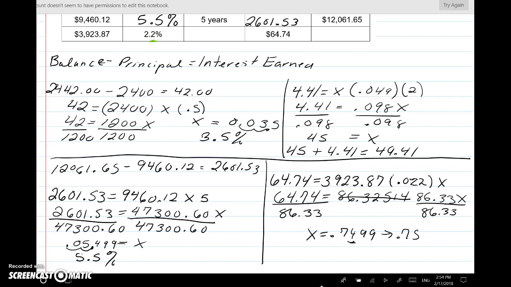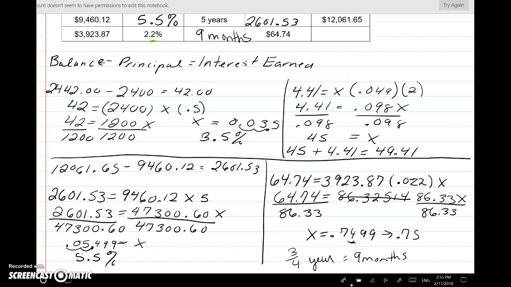Well, if you remember, 0.75 is actually 3/4. 3/4 of a year equals 9 months. So the time that I need for this one is 9 months.